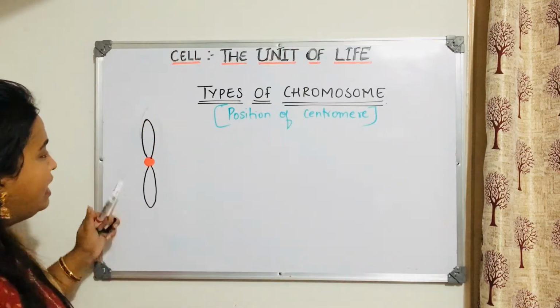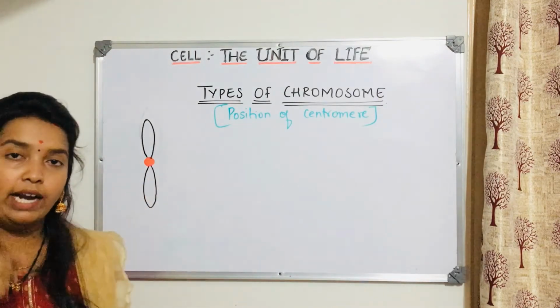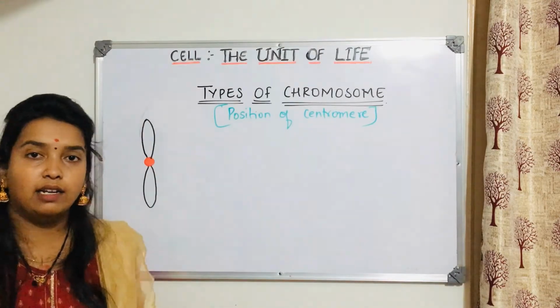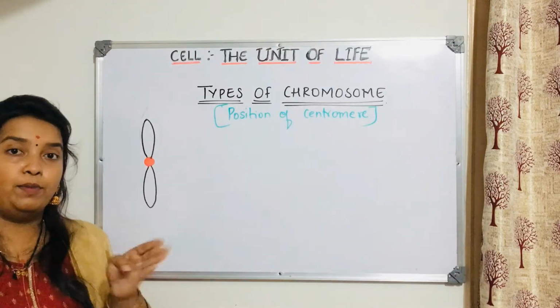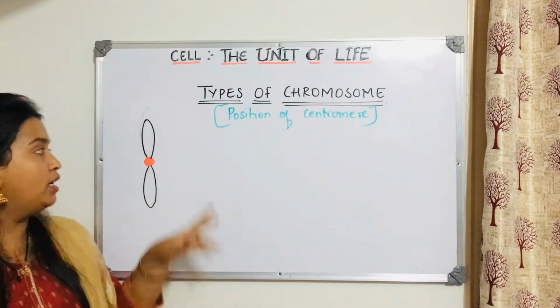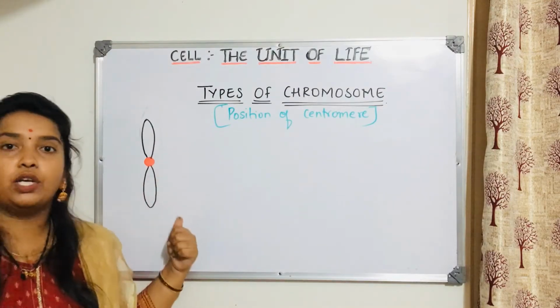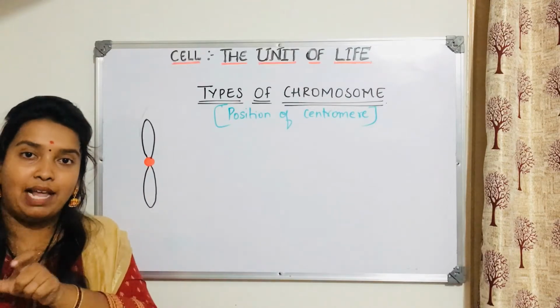Okay. What you can see here is that this centromere, where it is exactly located now. When you consider this as a chromosome, where the centromere is located, it is in the exact center. It is dividing the chromosome into two equal parts. You can call it as P arm, Q arm. Both the arms are of same length here.